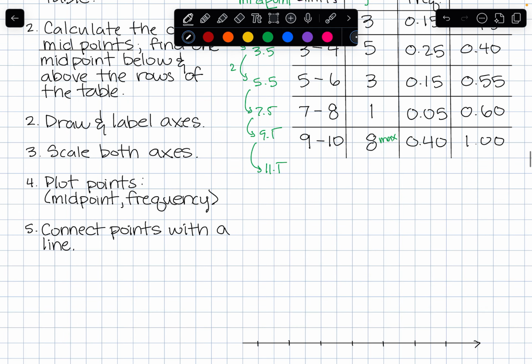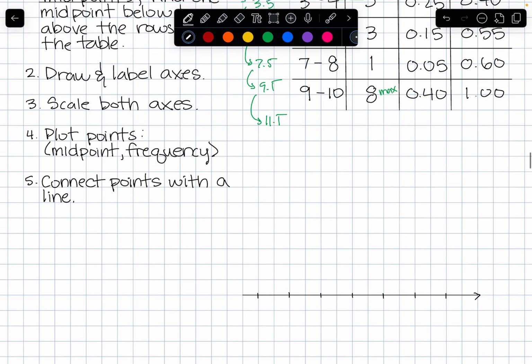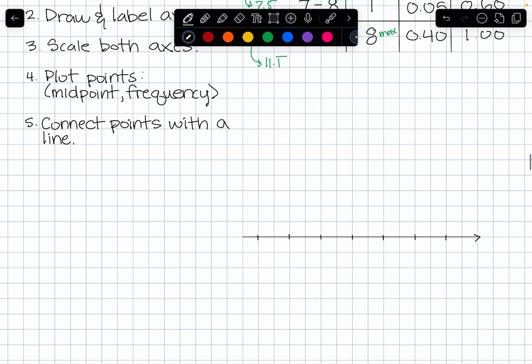My y-axis, I'm going from 0 to 8, same as I was before. So let's scoot this over a little bit, and then I want to go from 0 to 8. So 2, 4, 6, 8. I'm going to label this axis as midpoints, and again, that y-axis is frequency.